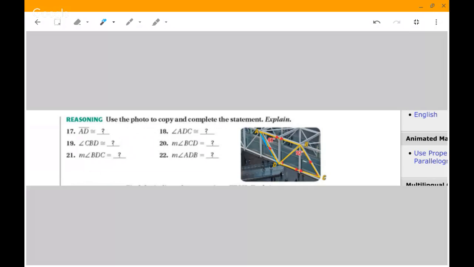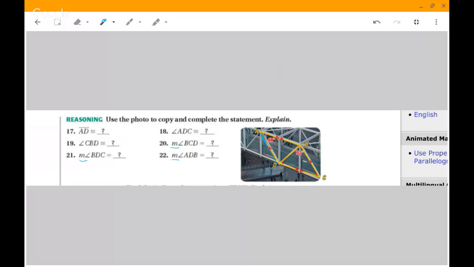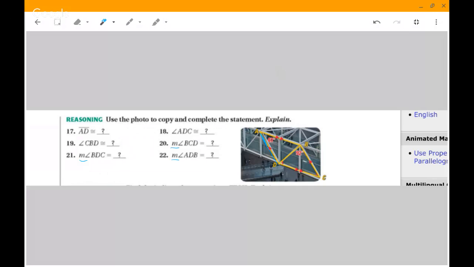I thought it was asking you to find the side lengths. No, that's easy then. Some of them are measures, where the little M is on the angles, and then you have to give a number. But if it just names a side or an angle, it wants you to name another side or angle. So AD is equal to DB.